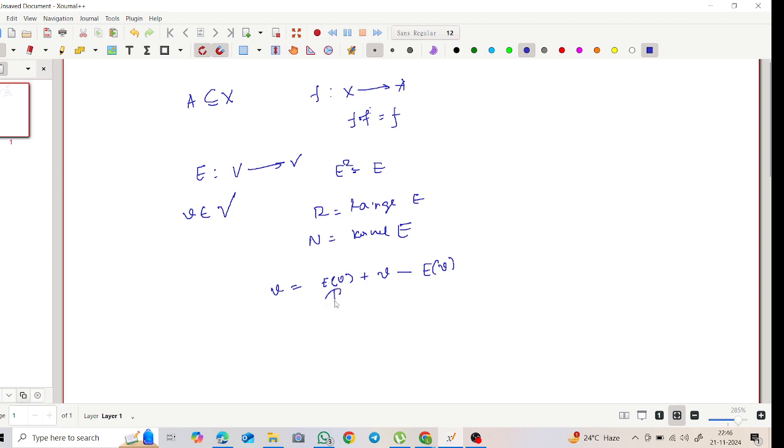Observe that the first is in the range, and the second is in the kernel. Why? Because if you apply E on this vector, you get Ev minus E squared v. But E squared is E, so this is 0.